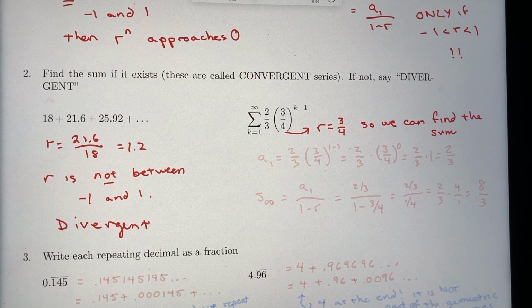Okay, what is A1? Remember, anything to the 0 is 1. Yeah, so notice K minus 1, N minus 1, you have A1 right in the front there.